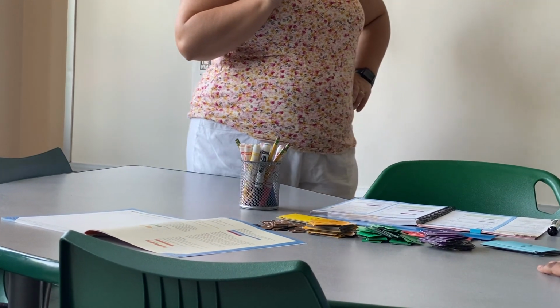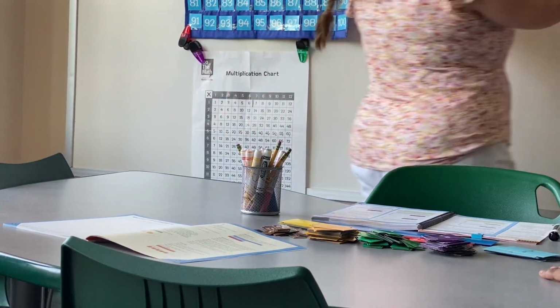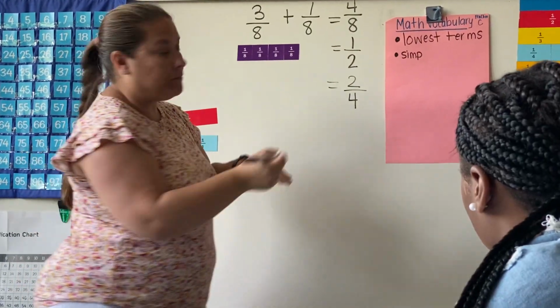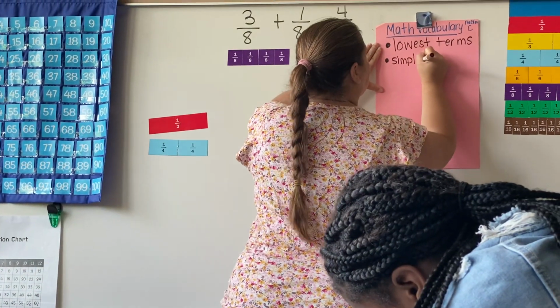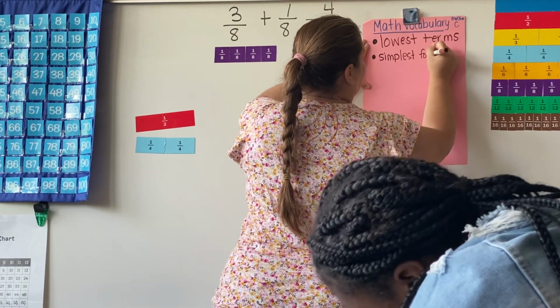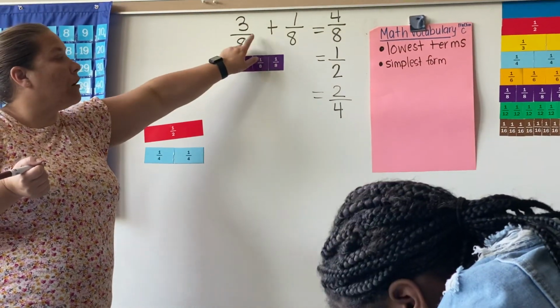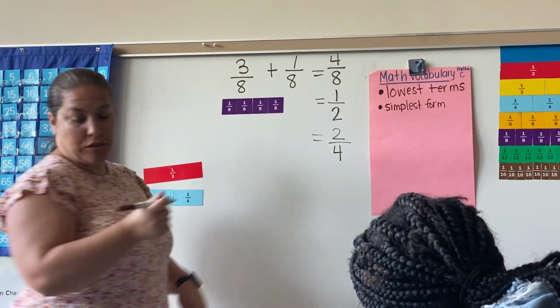All right. And our last one for today is going to be simplest form. And we're going to do a fraction next to it. We're going to write our practice problem that we did on the board today.